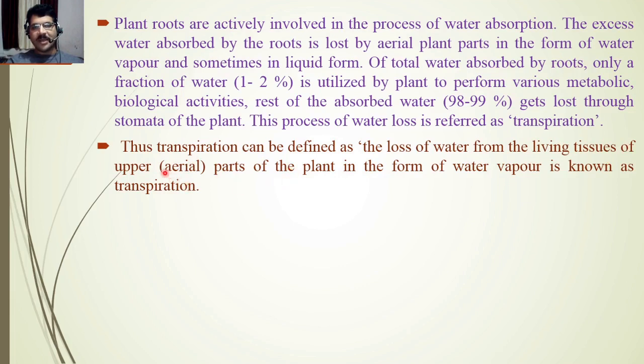Mostly aerial parts means leaves are involved in the process. So this water is lost in the form of water vapor, and this process of excess water loss is known as transpiration.